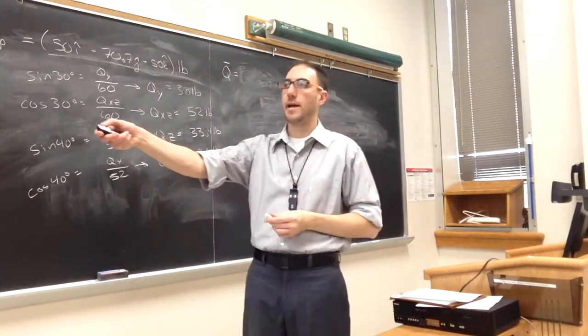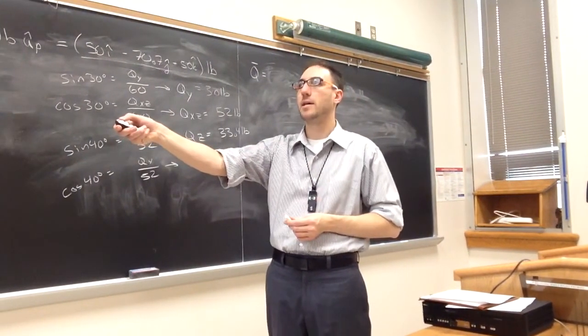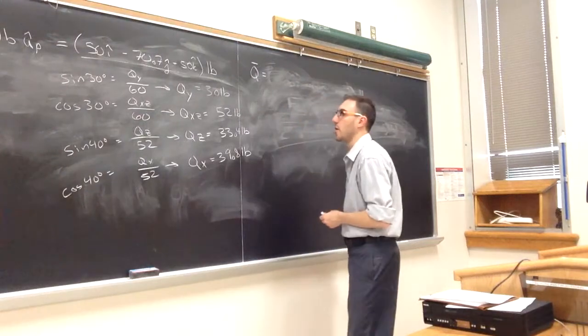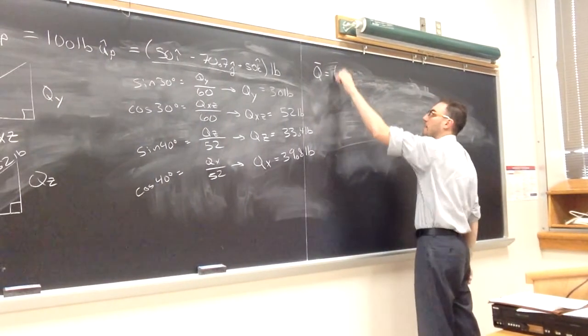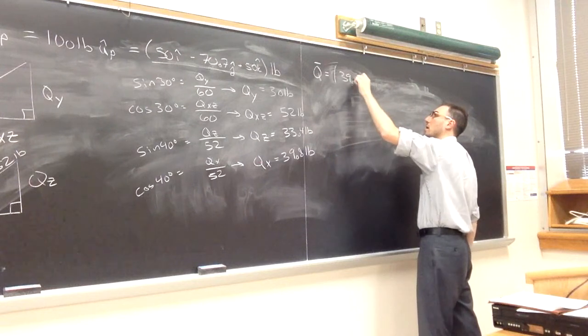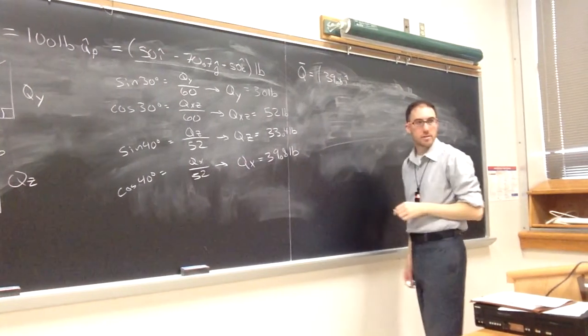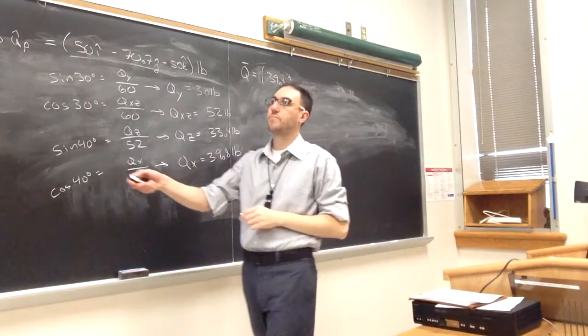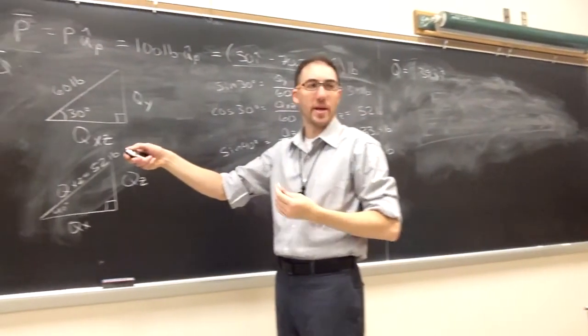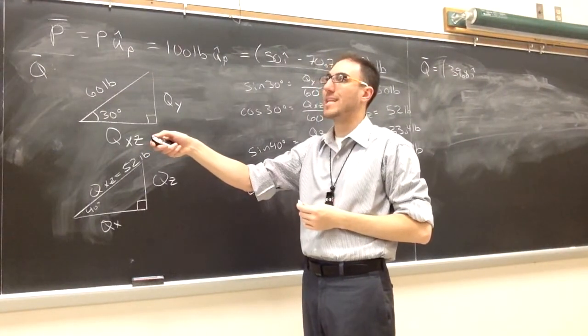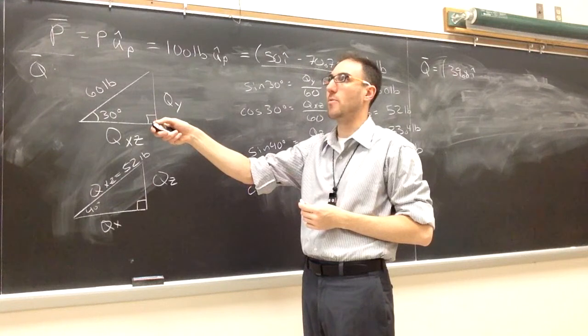So again, starting at the origin, I go in the positive x direction. So I'm going to go positive 39.8 pounds in the i hat direction, at least the way that this is drawn. I then have to go in the negative z direction to get to this point.